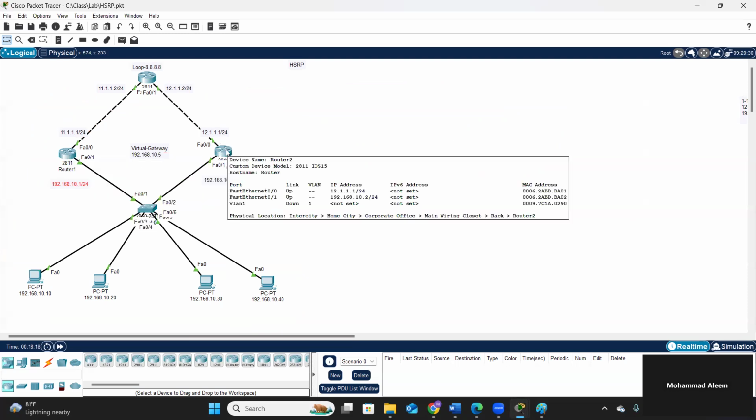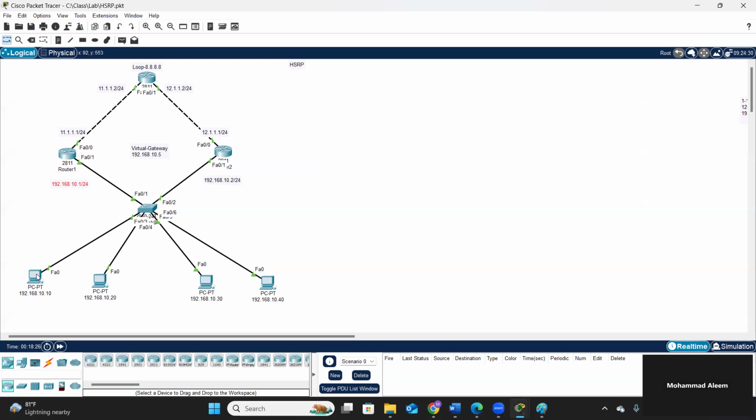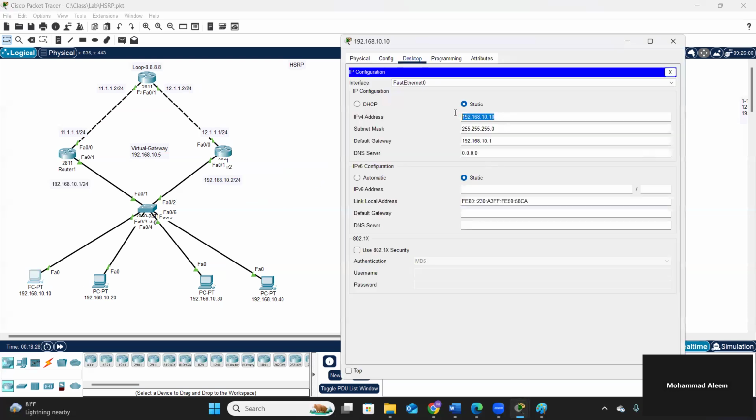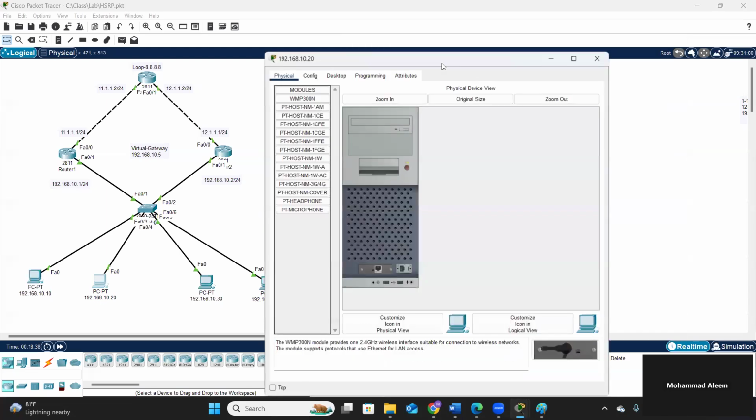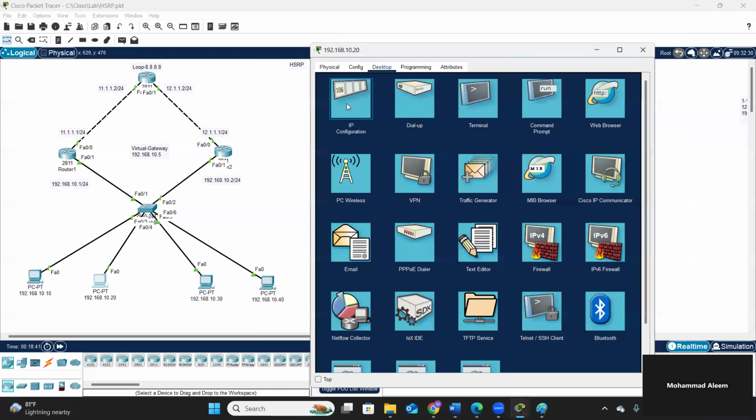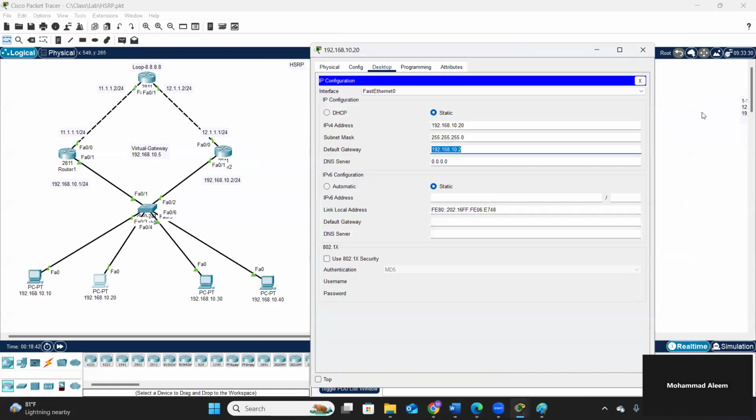And one more here, 192.168.10.2. These are the physical interfaces. Here I have configured a host IP address and its subnet mask, and I have given the gateway of this interface. One more PC I have configured here, with the gateway of this interface.